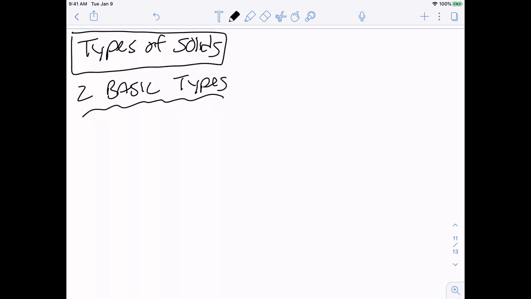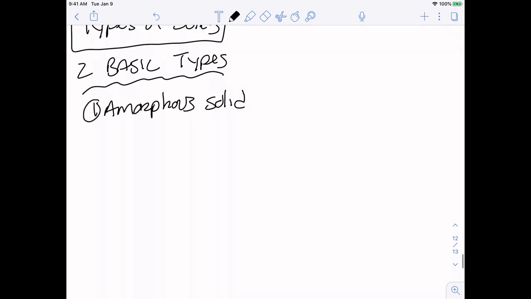I'm going to do the one that doesn't have subtypes first, and that's an amorphous solid. I'm going to leave a little space and then put the second one. Sometimes it's easier to describe them if you can compare and contrast. So our second one are crystalline solids.